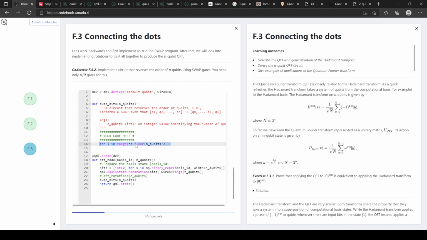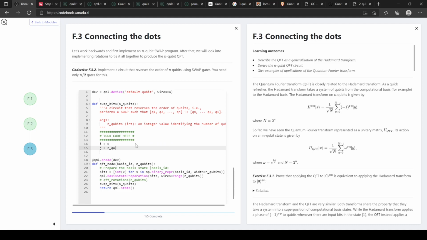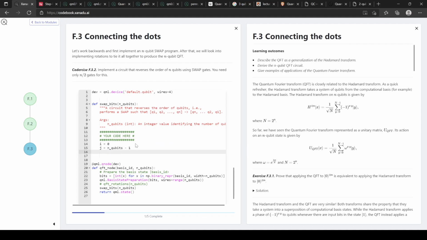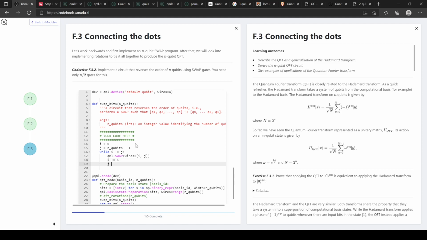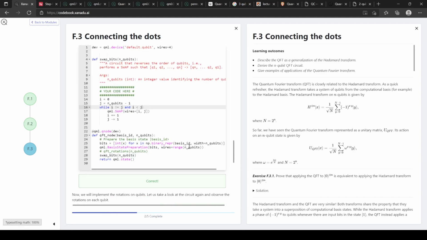Here's what we can do: i equals 0, j equals n qubits minus 1. This is probably the more naive approach. Now i not equal to j. Now qml.SWAP, wires equal i, j; i plus equals 1, j minus equals 1, and i less than j. Make sure that that should be good. There we go.